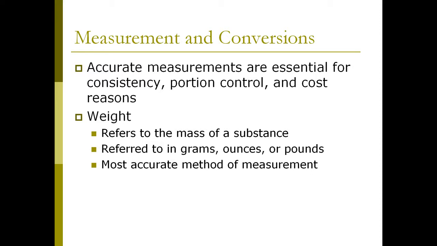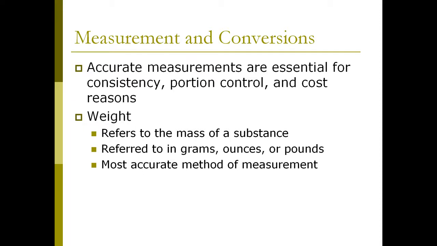We're in the States, and so we generally use ounces and pounds. The metric system, we would use grams and kilograms. So if you travel to Europe, to Australia, New Zealand, any of those places, you're going to be measuring your stuff in grams and kilograms and not ounces and pounds. Here we do ounces and pounds. Doing things by weight is the most accurate method.